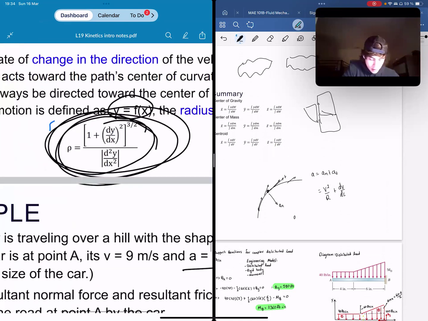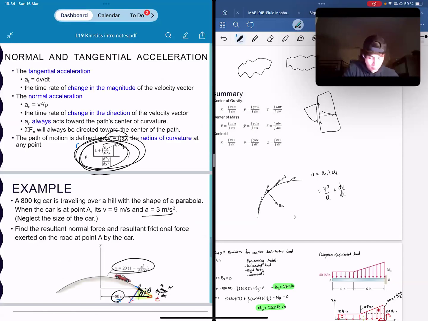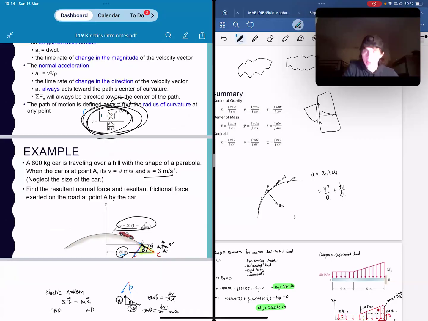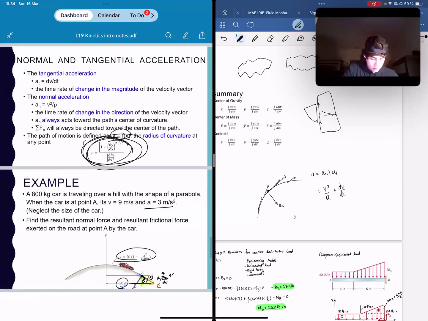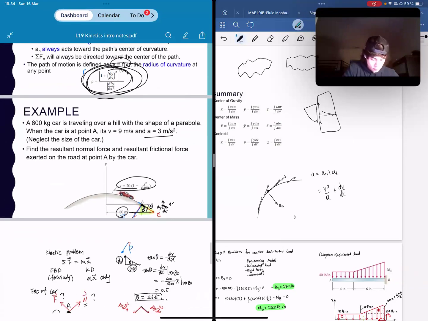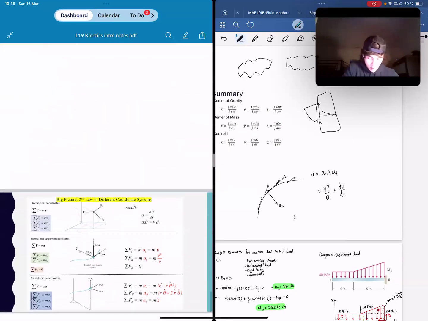So we didn't derive this equation, but we could do it from the geometry of the example. That equation describes the behavior of the radius of a curvilinear motion, right? So it's not a fixed radius. It could be changing with the change in x and with the change in y with respect to each other. That's pretty much what it means. And that's what we did on this question.